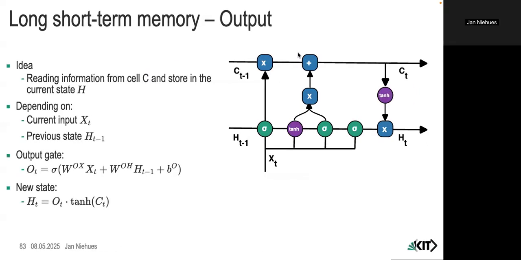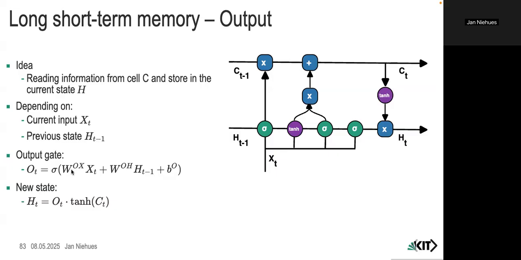And then for the output, we're doing it somehow similar. We are again not just deciding what we should output, but we are first defining whether we want to output something or not. And then we're outputting it. So first, we have this output gate, which is again like a gate, and you see the formula is very, very similar. So again, we're defining whether to output or not. It's not based on the cell, it's all based on our hidden state and based on our input.